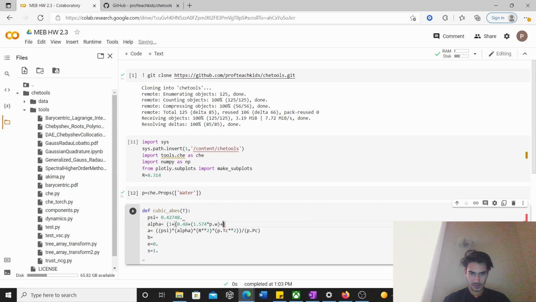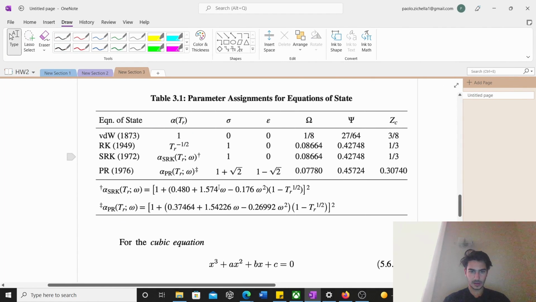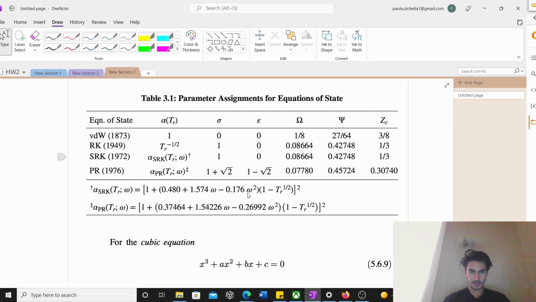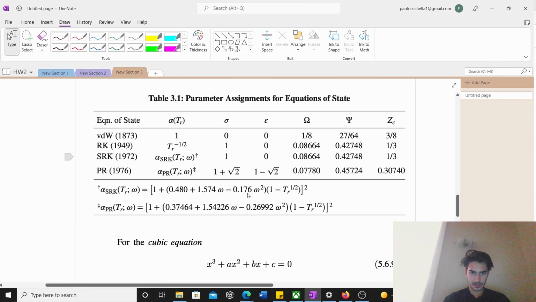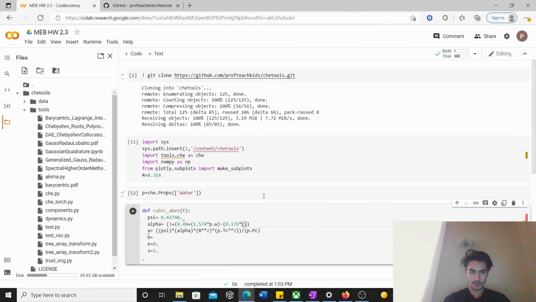Then after that we have minus 0.176 multiplied by P dot W squared, so square that out.